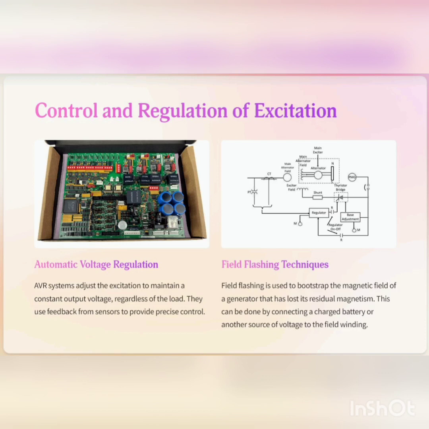Okay, next, the field flashing technique. Field flashing is used to bootstrap the magnetic field of a generator that has lost its residual magnetism. This can be done by connecting a charged battery or another source of voltage to the field winding.